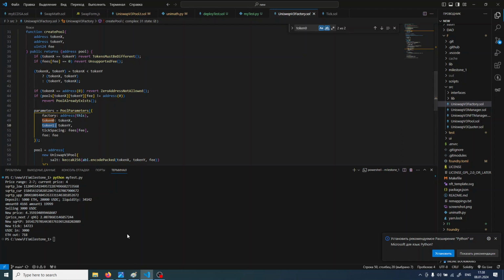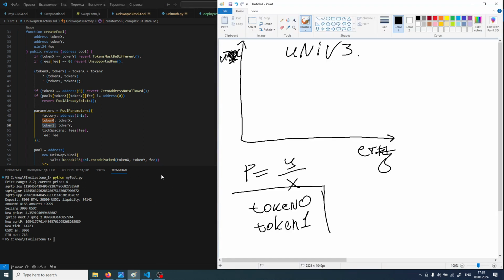So why do I tell you all this info? Because in the book you see this price in this way, but it means the price of token 0 in terms of token 1. So you need to divide token 1 by token 0 and you receive the price.